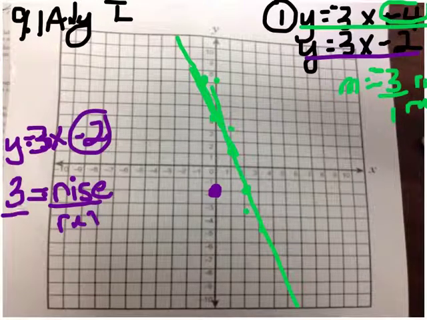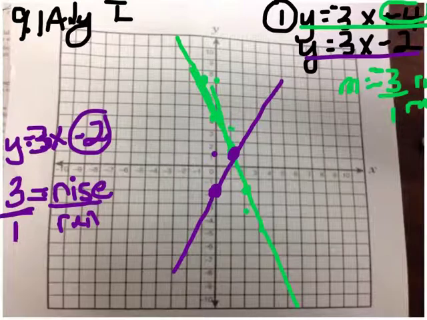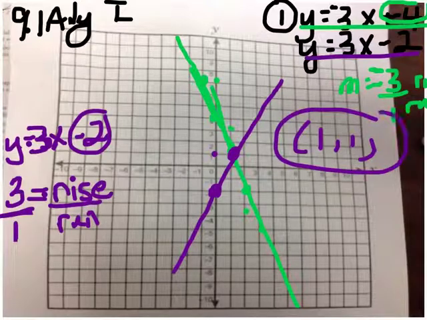So I need a fraction, so I'm going to stick it over 1 to make it a fraction. And I'm going to go rise 3, 1, 2, 3, run 1. Oh, look, I just found the solution because I landed on the dot that's on the other line. My solution is this point right here, which is the point (1, 1). When I find the point where they cross, that's the solution. And that's all I have to worry about.